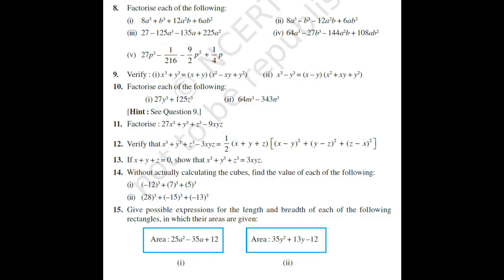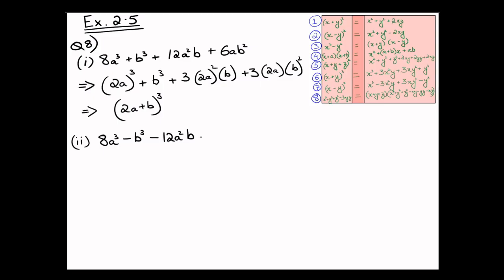Moving to the second part. Second part is 8a cube minus b cube minus 12a square b plus 6ab square. Again, this looks like the expansion for a cubic identity.